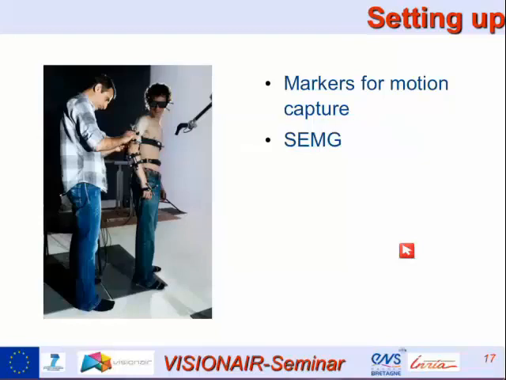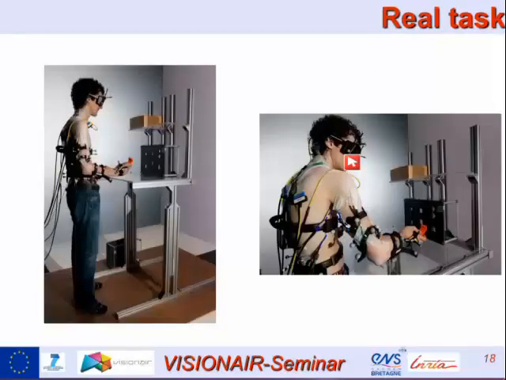I have just some pictures to show. So here is the equipment. We see a colleague from Aalborg. We see here the motion capture, and here, not clearly, the links to the computer for recording surface electromyographic signals. We compare real tasks. Here you have a real workstation.